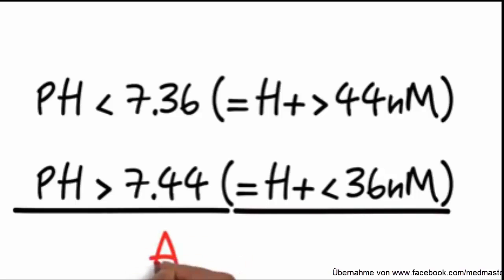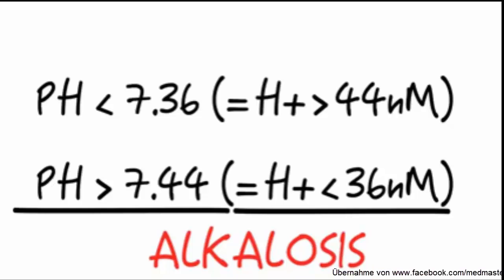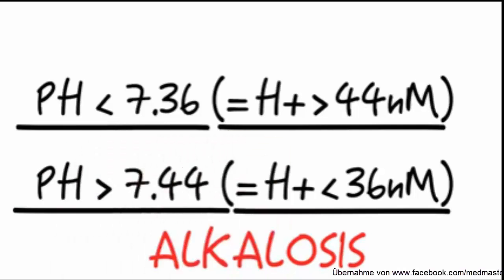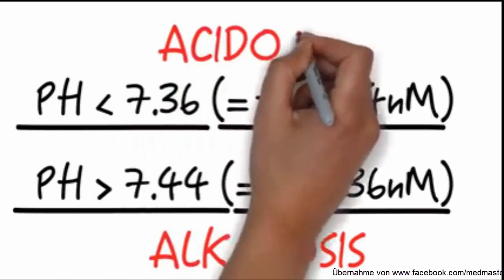This would be called alkalosis. On the other hand, if the concentration of free hydrogen ions is larger than 44 nanomoles per liter, this would mean that the pH value would fall below 7.36, which we would call acidosis.